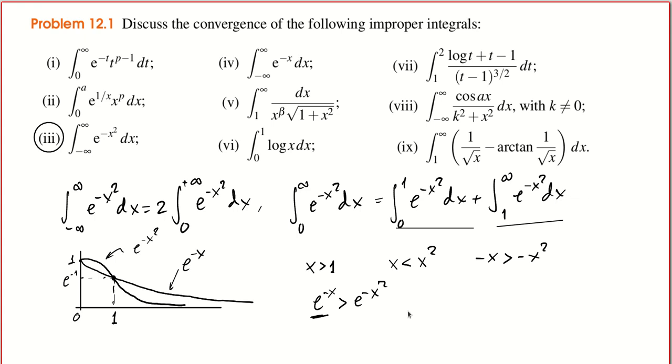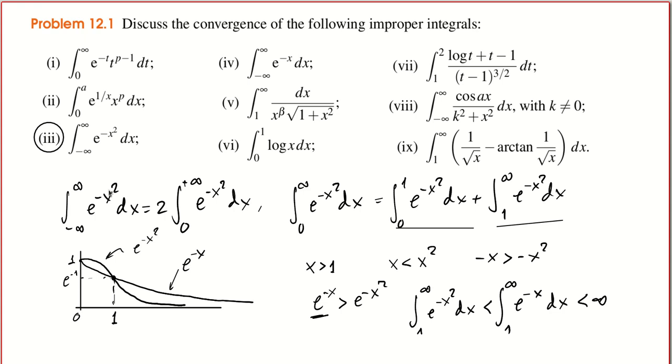So this integral here, whatever it is, is strictly smaller than this integral here, from 1 to infinity of this exponential. But well, you can calculate the primitive of this and prove that this is finite. This is trivial, right? Actually, we did it in an exercise. So this one is finite, therefore this one is finite, therefore the original one is a finite integral. So it's a convergent integral.